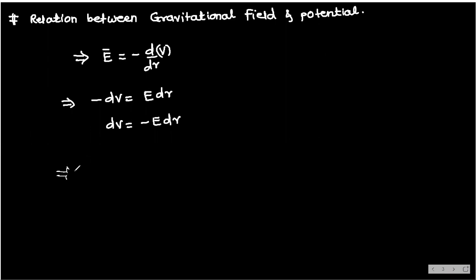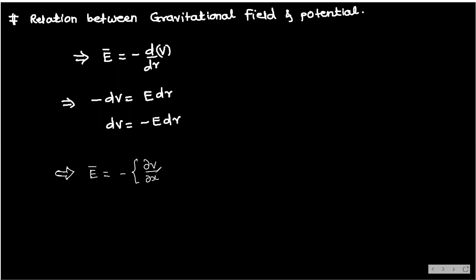If suppose this potential is from the first formula, this is dV by dr. And if suppose V is containing one vector which is along x, y and z axis, then what to do? Then E bar is equal to minus dou V by dou x.